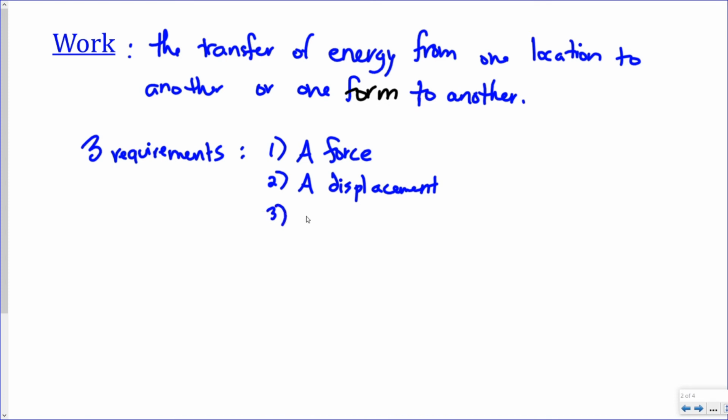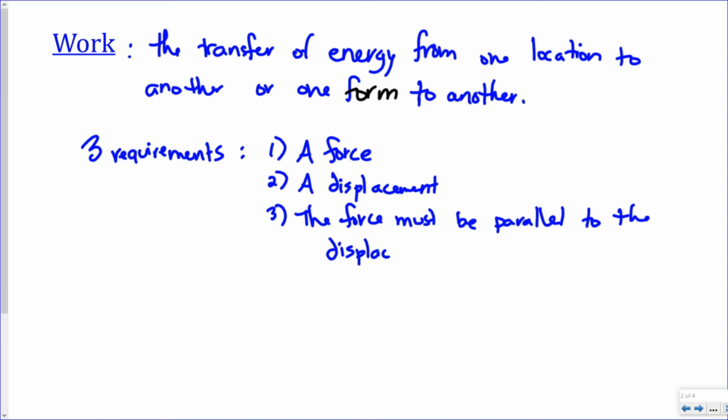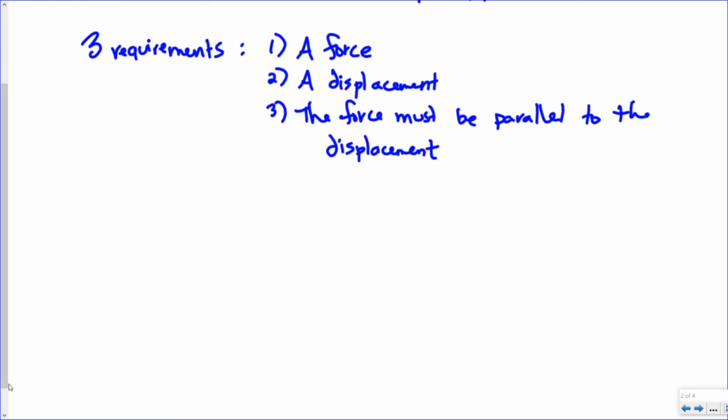And thirdly, the force must be parallel to the displacement. All right. So, with those three in mind, and with our last slide also in mind, it should come as no surprise that work is a dot product.